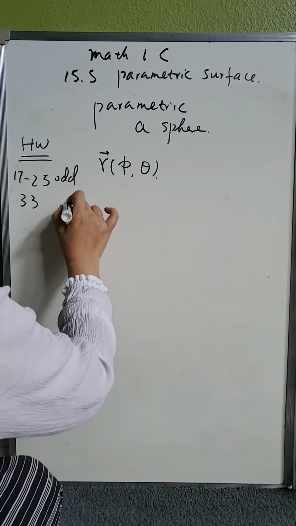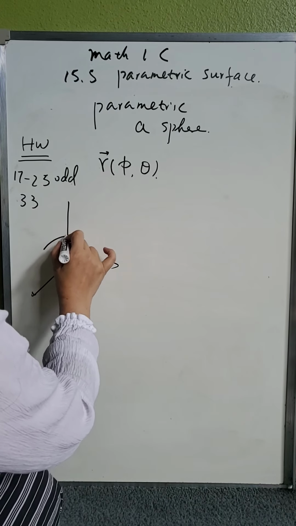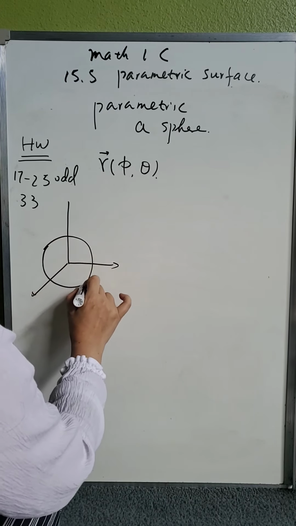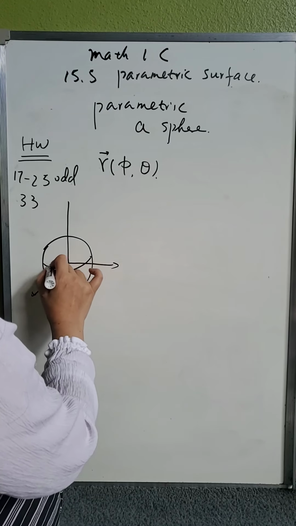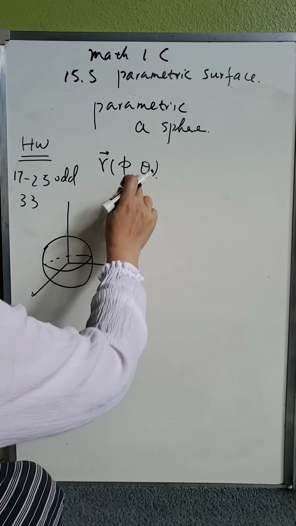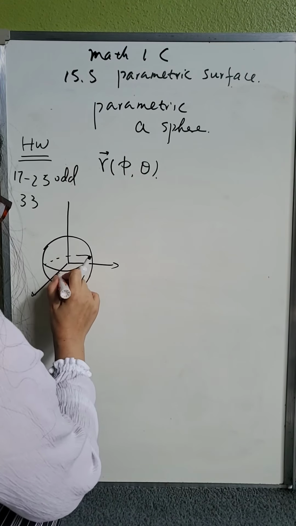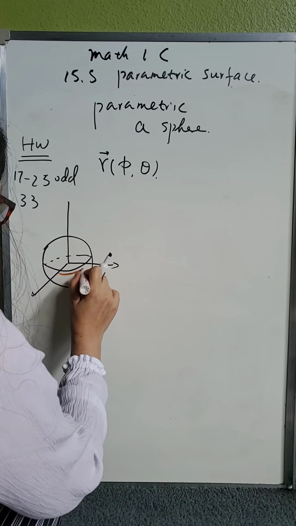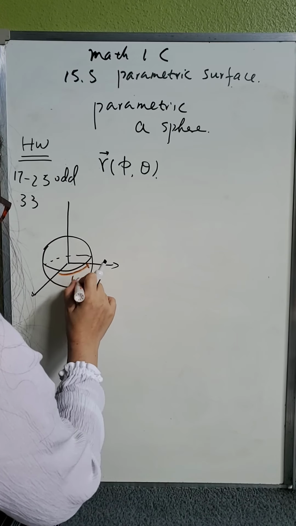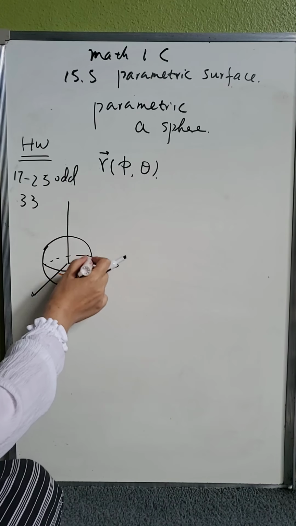Because, let's say I have a sphere, okay, and the theta is right here, and theta tells you you're going to complete a whole circle or not.